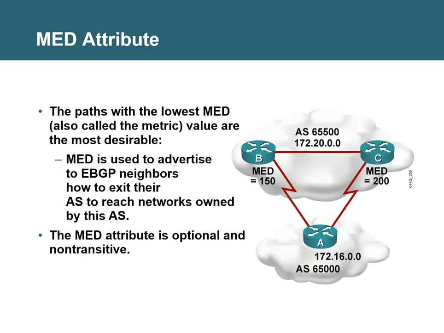Now, what does the multi-exit discriminator do? This is the attribute that is advertised to the eBGP neighbor, telling the eBGP neighbor how to exit their autonomous system to reach this network.